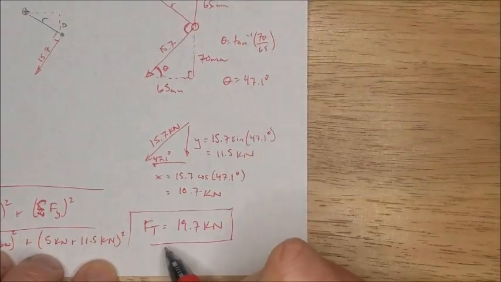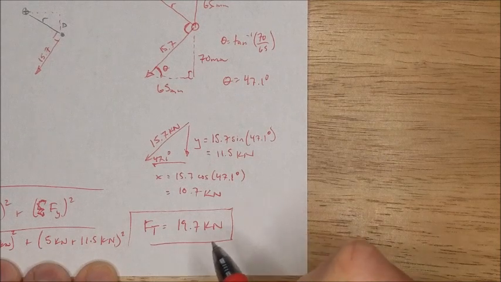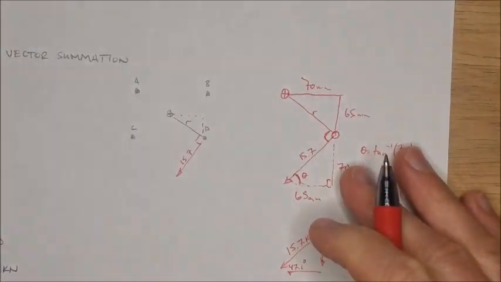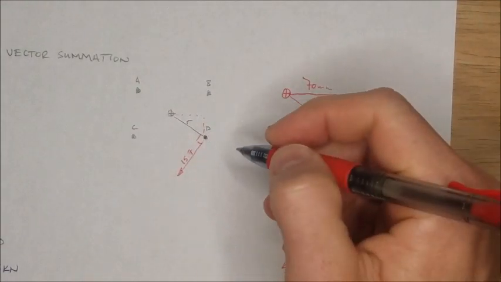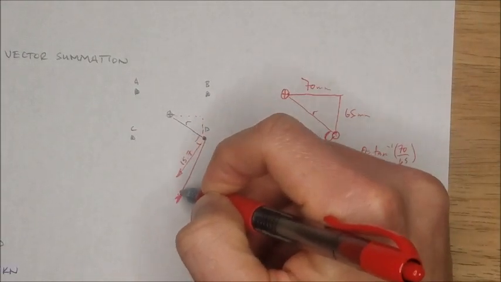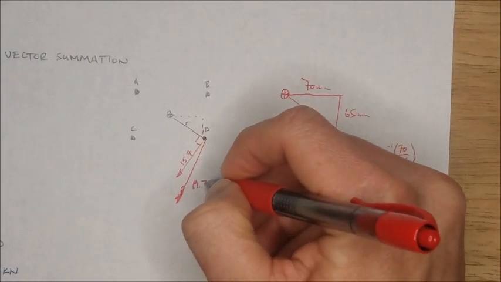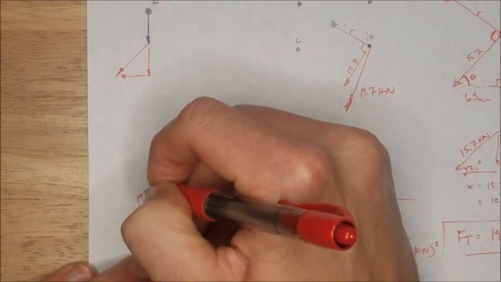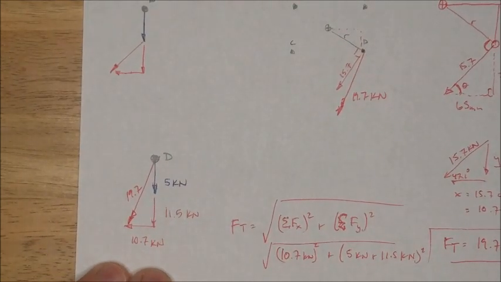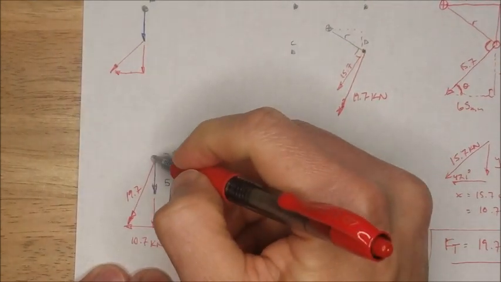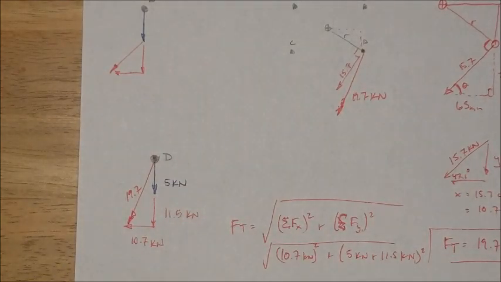This is the resultant shear force applied to our critical fastener D. Really, it's going to end up drawing like that, 19.7 kilonewtons. Maybe I should redraw it here. 19.7 kilonewtons. That's the maximum shear force applied to this bolt. That's the hardest part. One more step and we're done.